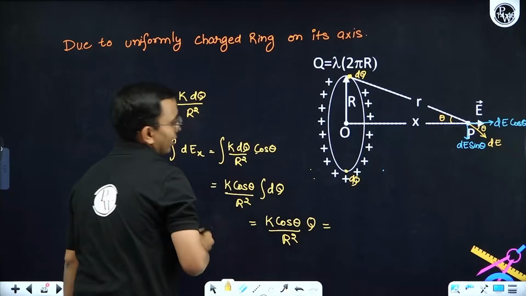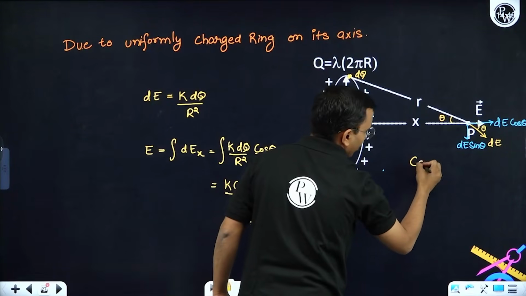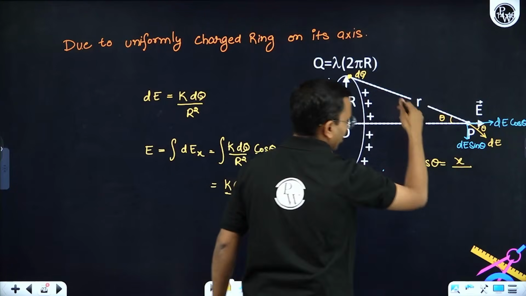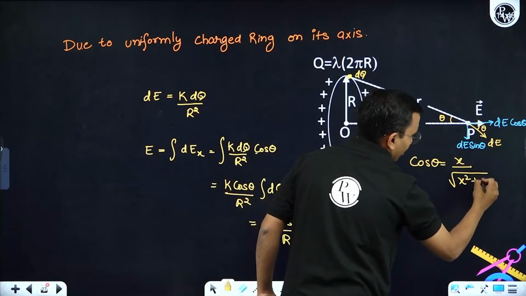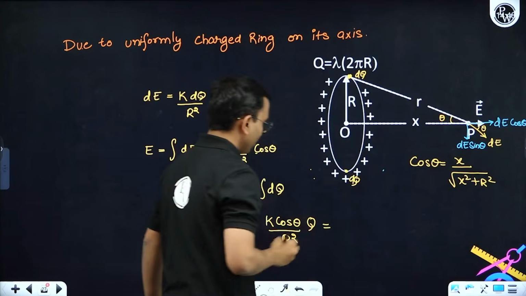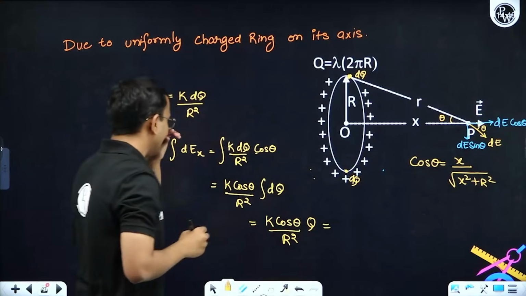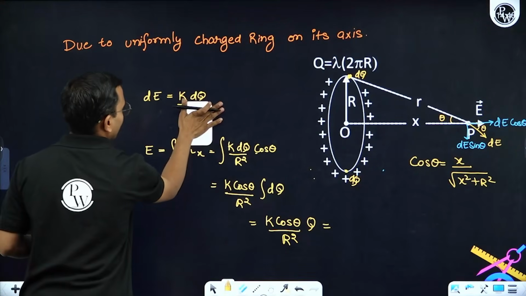Or if I write cos theta as base upon hypotenuse, the hypotenuse is r, that is root of x square plus r square. So this will become kqx. Oh, I made a mistake there. This was small r actually.